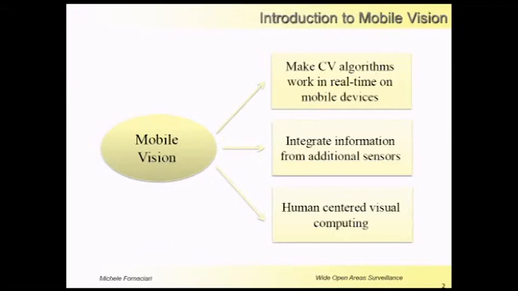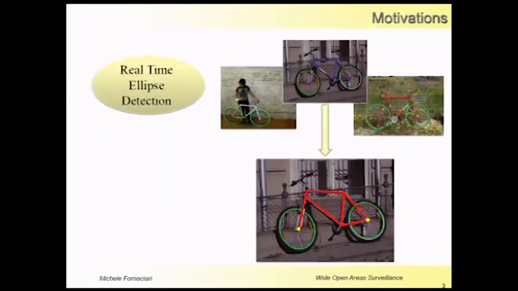The main goals of mobile vision are to run computer vision algorithms in real time on these devices, to use the information provided by the sensors, and to take into account that there's a human being holding the device. I focused more on the first topic, making a computer vision algorithm work in real time.